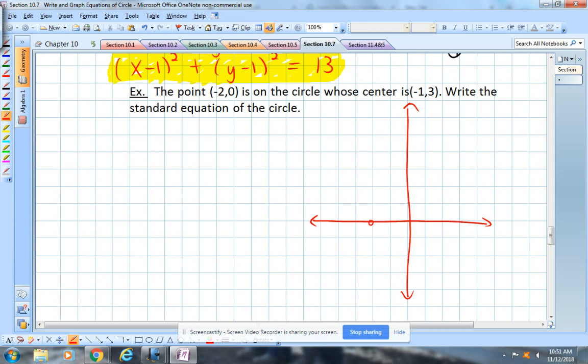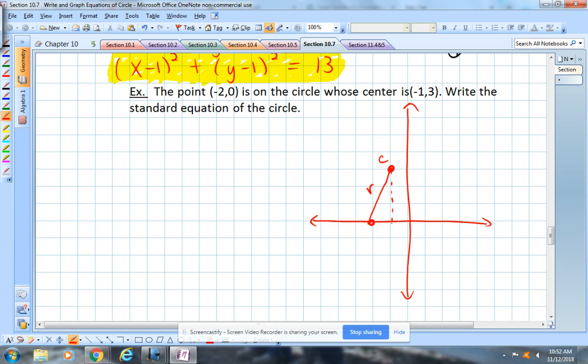On the x-axis at -2. And -1, 3 is my center. So my radius will be the length from the center down to that point. So how am I going to find the length of that radius? Yes, you could use distance formula, or I prefer the Pythagorean theorem.